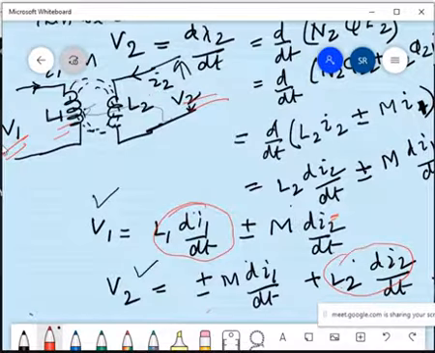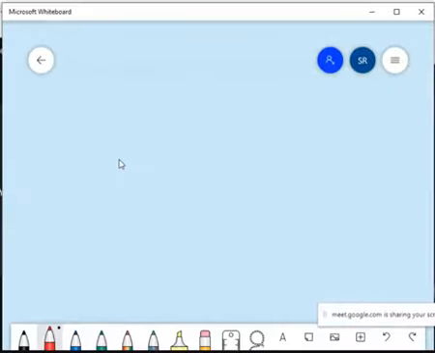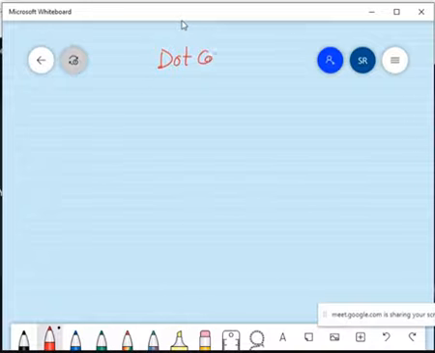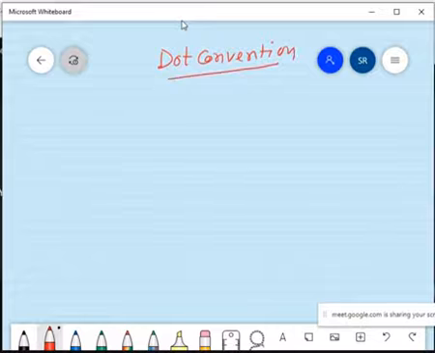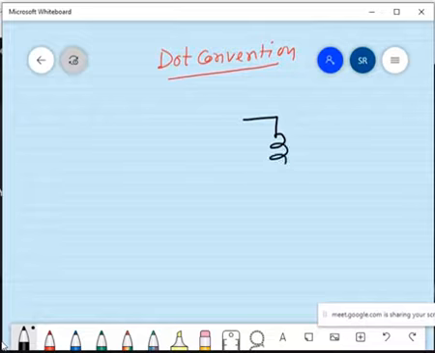Next, we learn the dot convention. In many circuits, you can see a figure like this. This is one coil.